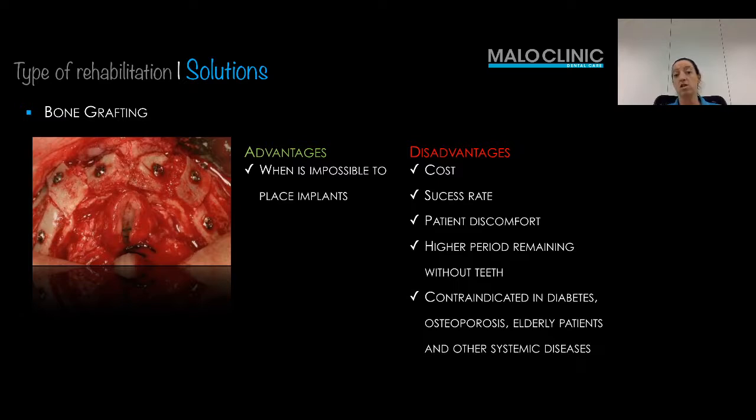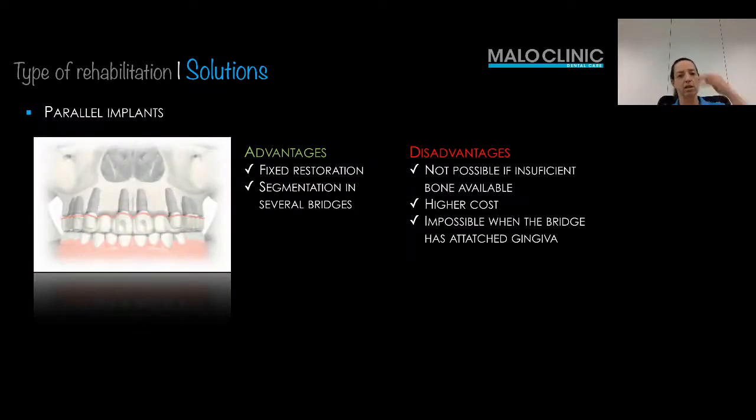So it's quite a big difference in terms of patients' comfort and their ability to have fixed teeth again. So I think it's a solution that will only be, for me, a solution when you cannot place the zygoma.